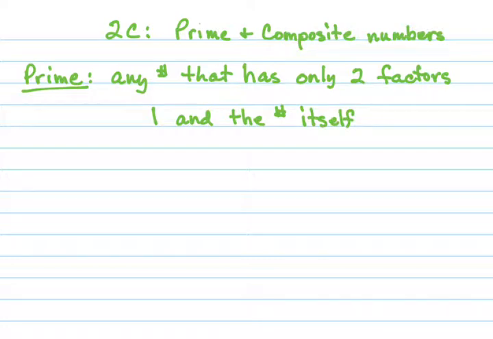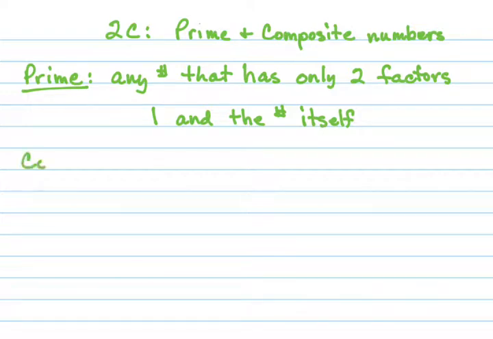So prime numbers will only divide by 1 and the number itself. And we're going to look at a lot of examples, so don't worry about that right now. But we've talked about factors. We know that factors mean anything that divide in evenly. But for prime numbers, the only number that will divide evenly into it is going to be 1.